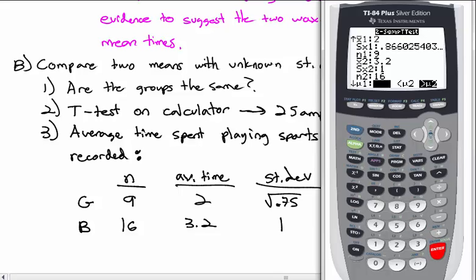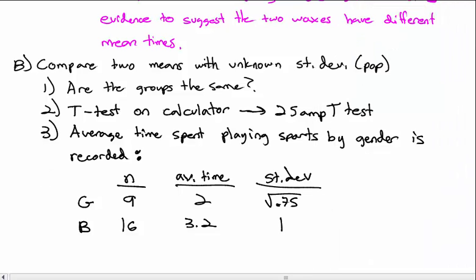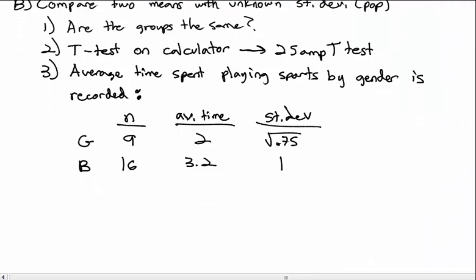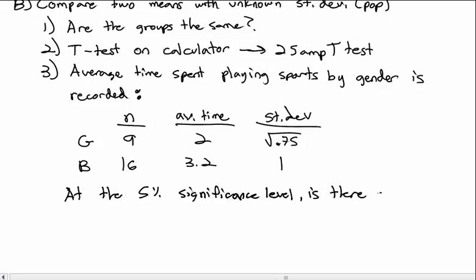Then it wants to know about our hypothesis test. So let's go ahead and build the hypothesis test here. We probably should have done the hypothesis test bit before we got to our calculator. So to ask the question, at the 5% significance level, is there a difference in gender?